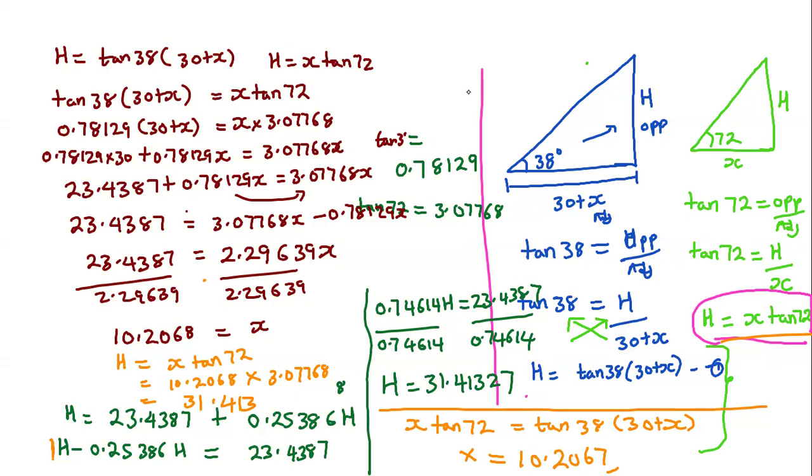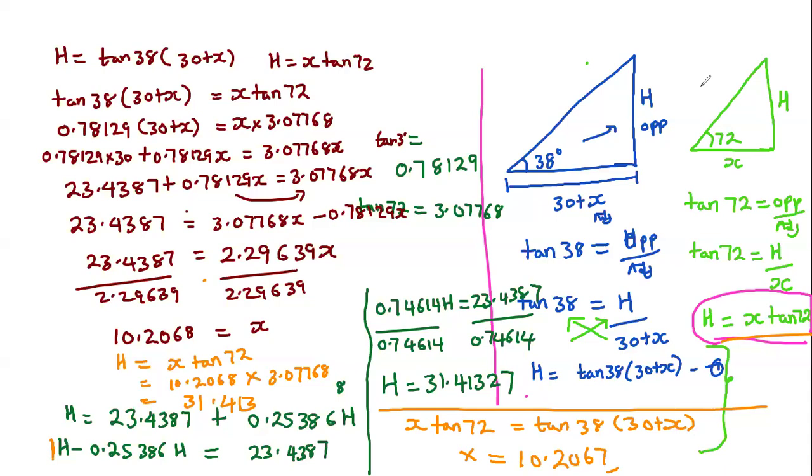Okay, teacher. Okay, Marie? So I have another option, but my answer is somehow different. What was your option? I first found the other side of the triangle with the 72 degrees using the sine rule. Then I got the side of the height using SOH CAH TOA.